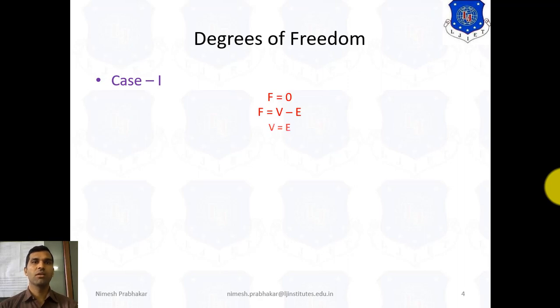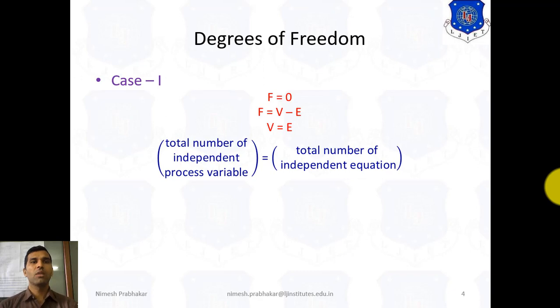That means V = E. That means the total number of independent process variables is equal to the total number of independent equations. So that process is known as an exactly specified process. If the total number of variables is equal to the total number of equations, then that system is known as exactly specified.